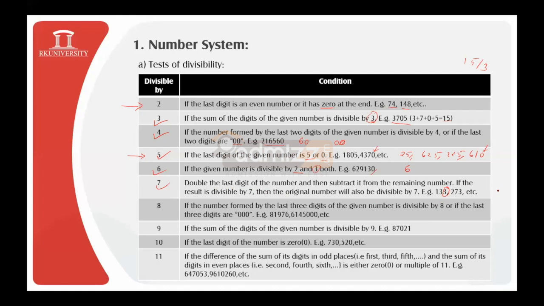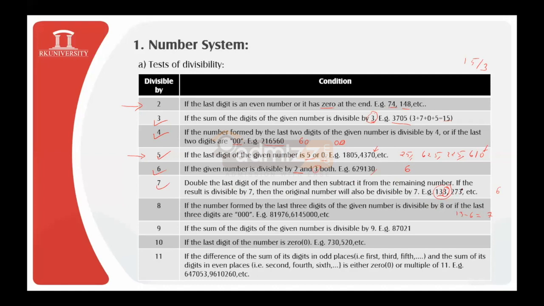Now double this digit, this is 6. Subtract it from the remaining number. Remaining number is 13. Subtract 6. 13 minus 6, it will become 7. 7 is divisible by 7, therefore 133 is divisible by 7.